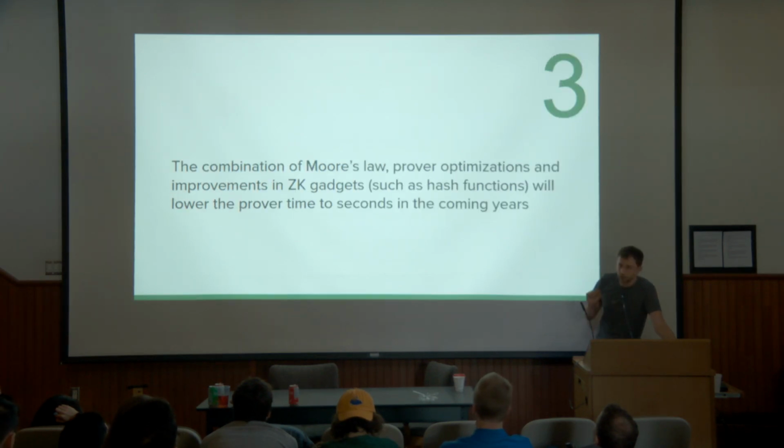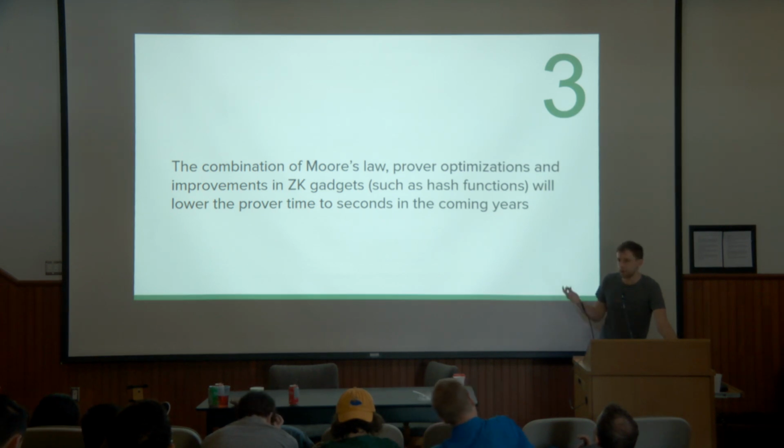Now, the prover efficiency, regardless of which proof system we use, is also going to increase, and not only based on optimizations of the software, but also on Moore's law itself. If Moore's law continues for the next 5 years, just based on this we'll be able to reach finality times of just a few seconds, so maybe half a minute.